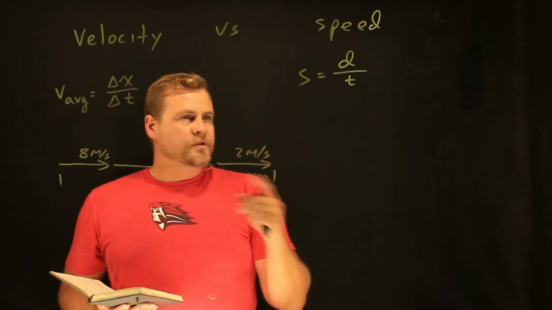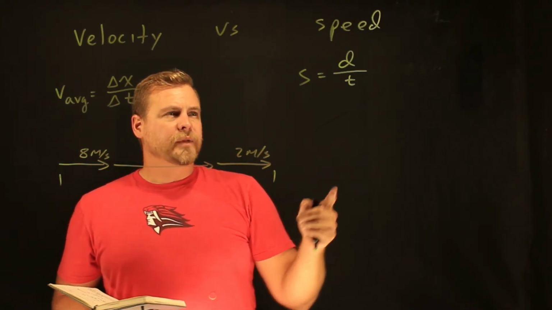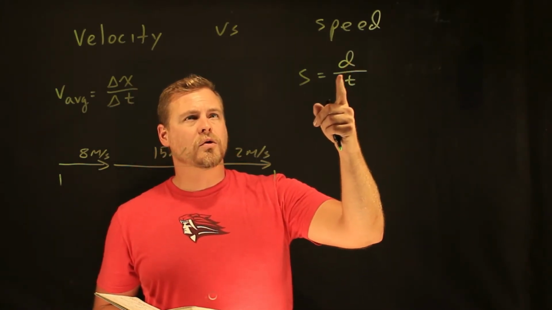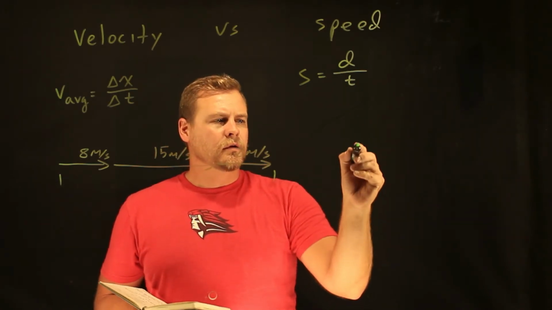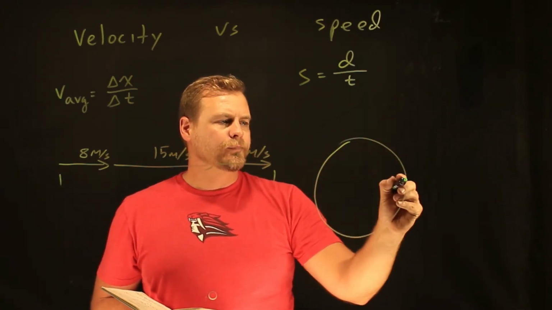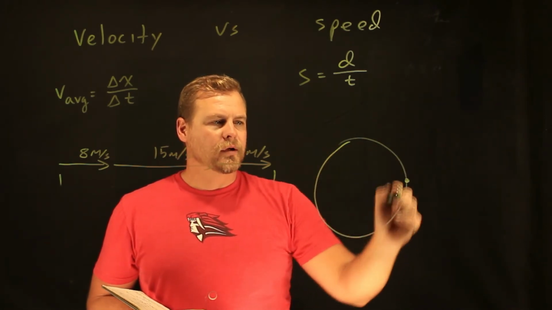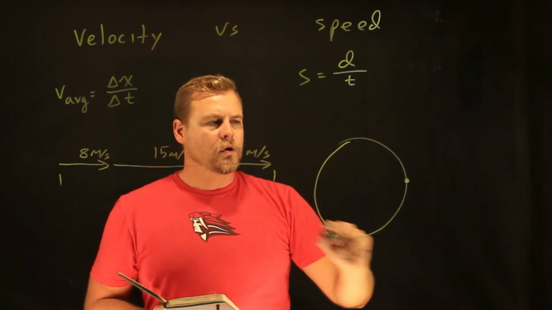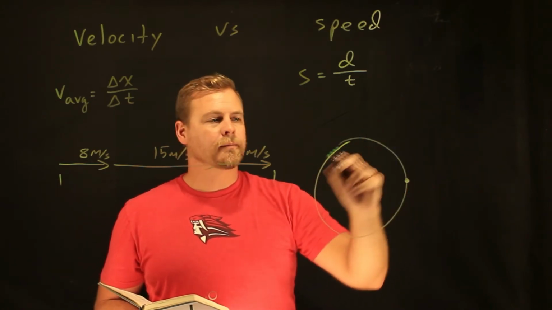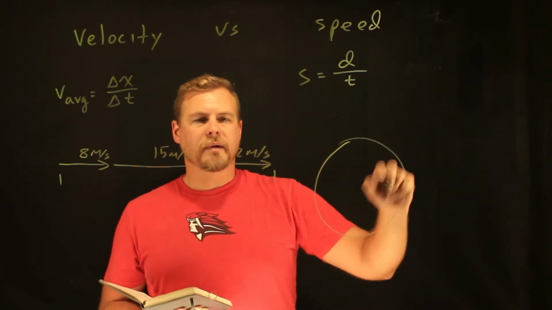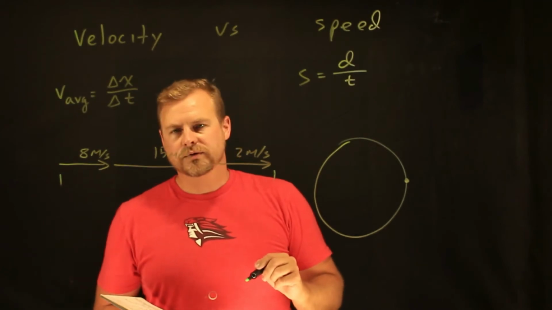Distance doesn't really take into consideration any kind of direction. And so average speed for a race car driver, right, could be 200 miles an hour. If he's starting here and driving around this race car track, he's going to go 200 miles in a given amount of time. Maybe it took him 3 hours, right?